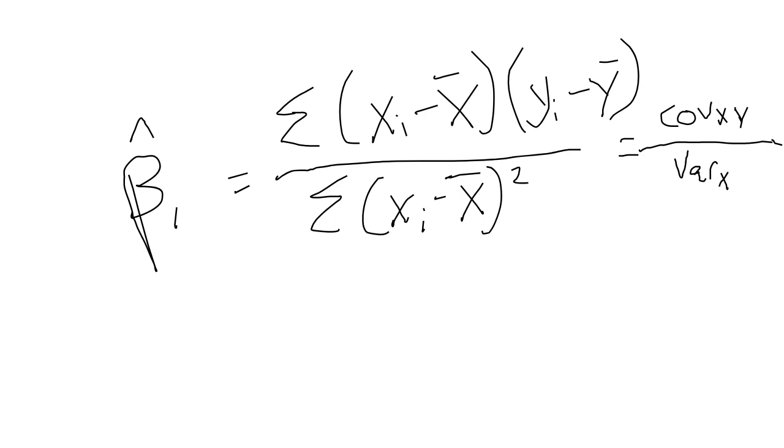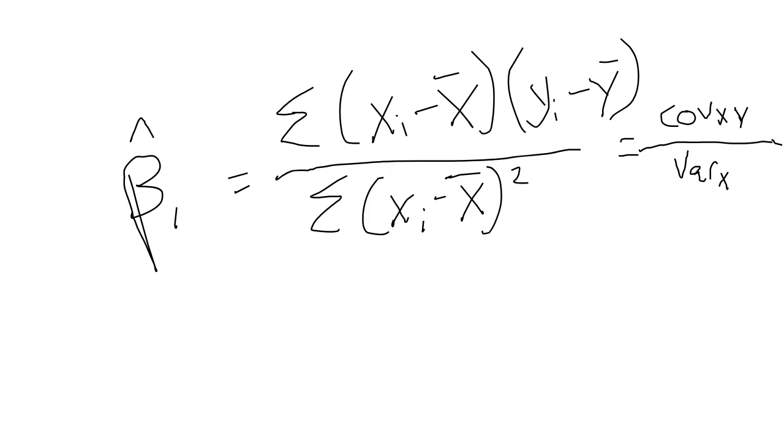Okay, and if we think about this formula as a fraction, there's one thing you can never do with fractions, right? We can never have a 0 in the denominator. You can't divide by 0. So if this denominator is equal to 0, then we won't be able to calculate the value of our regression slope. Okay, and when will the denominator equal 0?